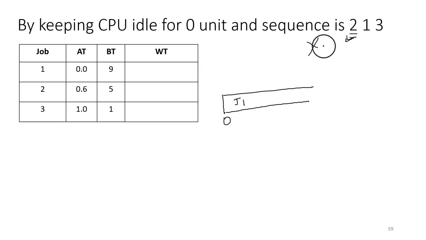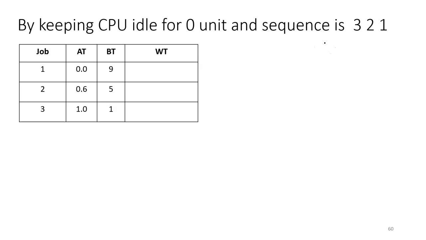So this option is not possible. Now we are having the third option, by keeping CPU idle for 0 unit time. So at 0 we are having job 1 and the sequence says that job 3 is to be executed first. So this option is also not possible here.